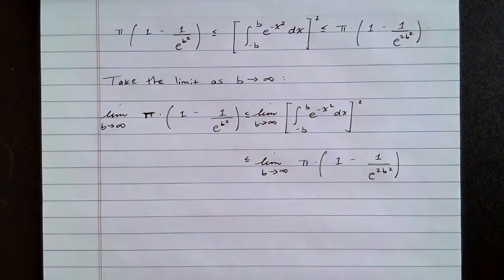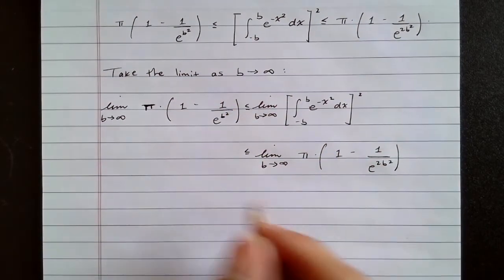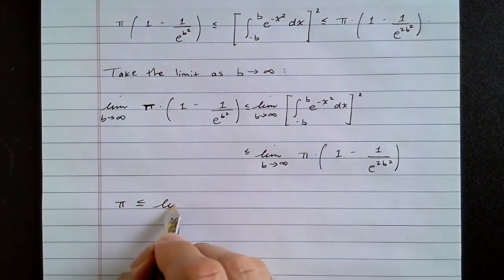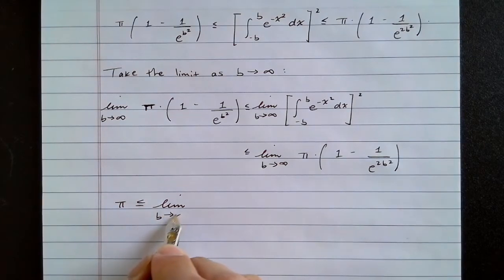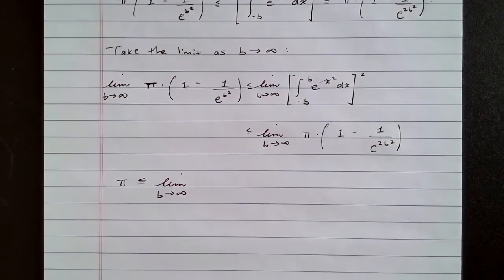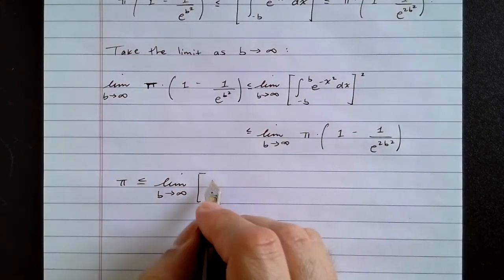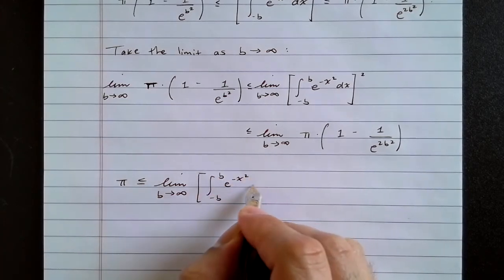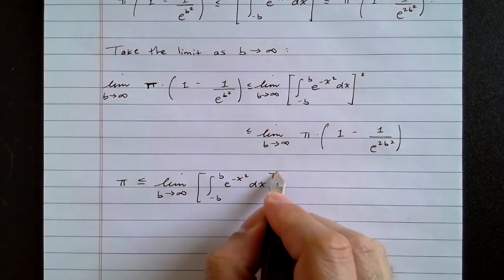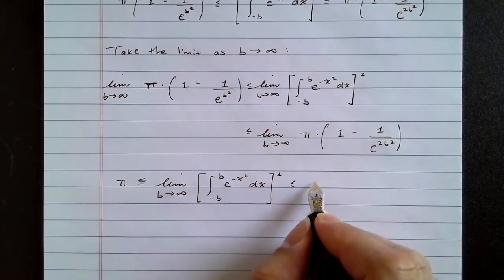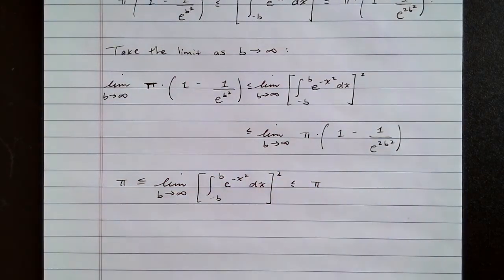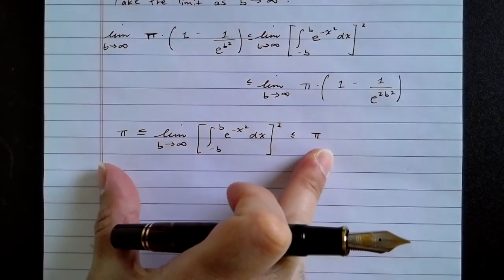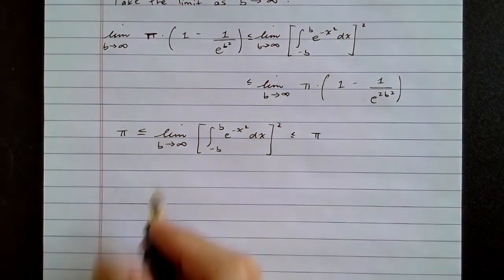And the same thing is true on the right-hand side. So I have that pi is less than or equal to the limit as b goes to infinity of that quantity squared, which is also less than or equal to pi. So this limit is equal to pi.